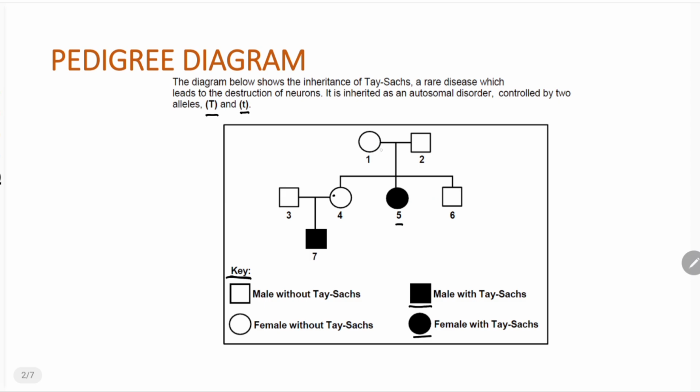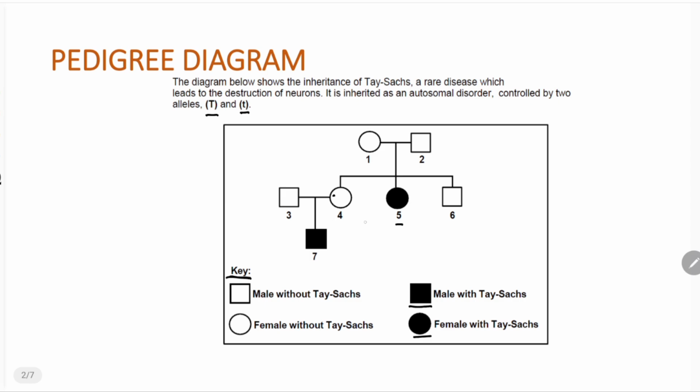But since individual 1 and individual 2 do not have Tay-Sachs, it tells me that they must be carriers. They must be heterozygous, not homozygous. They must be heterozygous simply because they do not have Tay-Sachs, but they were able to give birth to an offspring with Tay-Sachs.